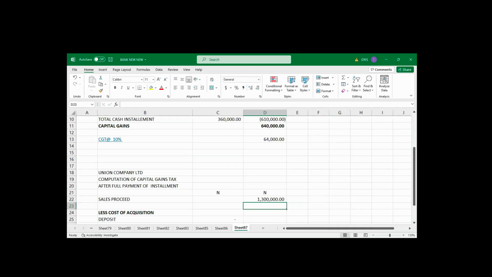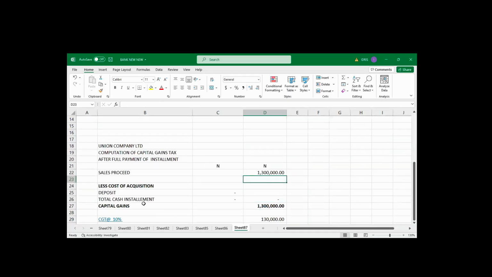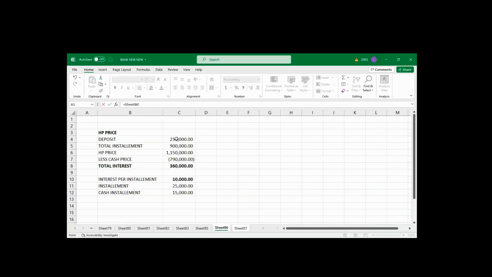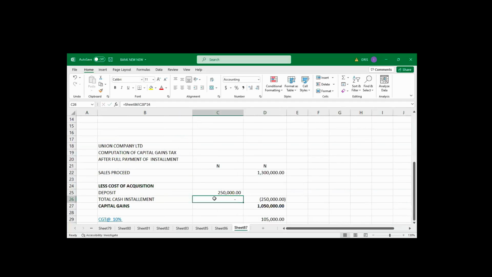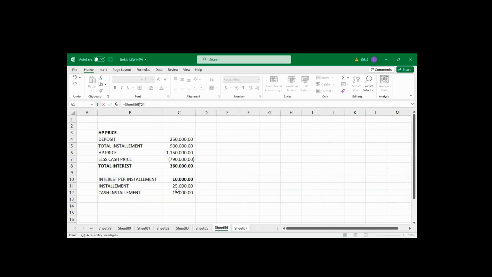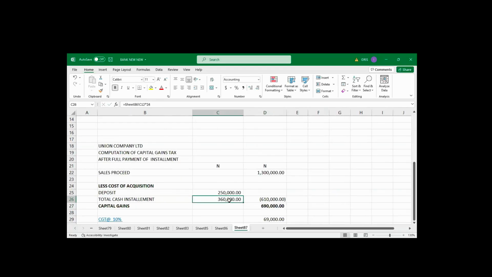So after the payment of the full installment, the full installment is how many months? 36 months. So what you need to do, that cash installment of 15,000, you times it by 36.